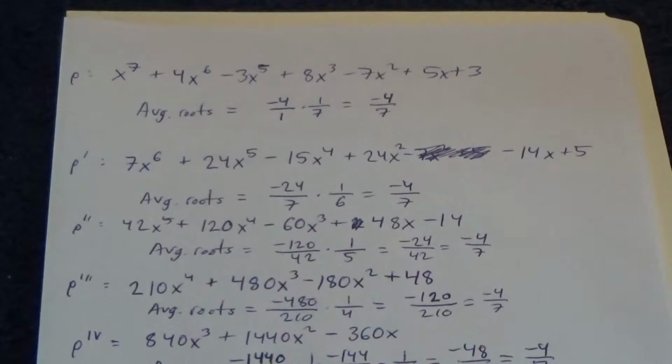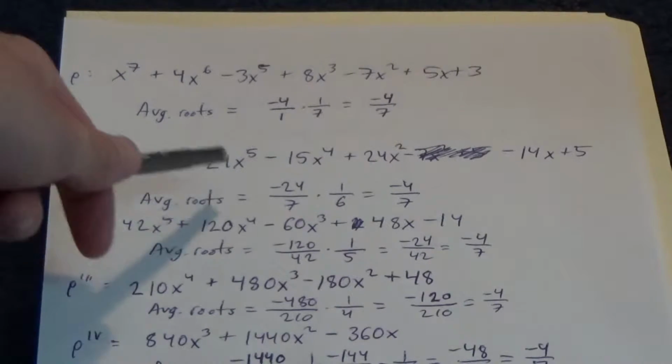Okay, so after taking the derivative of p of x, we end up with 7x to the 6th plus 24x to the 5th minus 15x to the 4th plus 24x squared minus 14x plus 5. That's just differentiating directly from p of x by hand. Now, what's interesting is we can take the average of these roots, and again, it's the same procedure every time. We take negative a sub n minus 1 over a sub n, and then divide by n for that given polynomial.